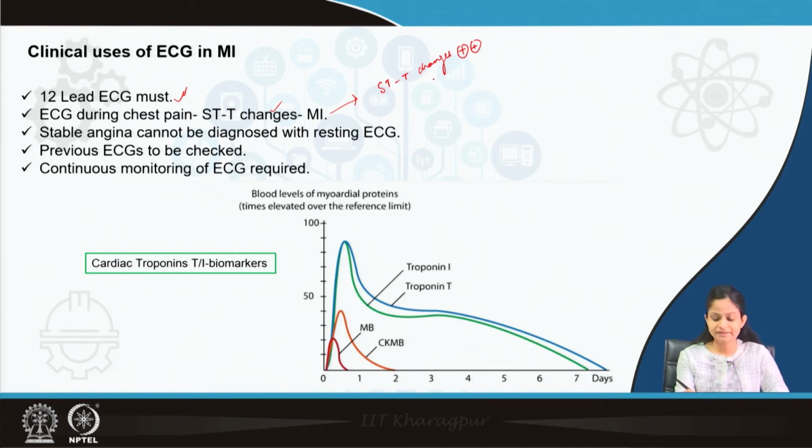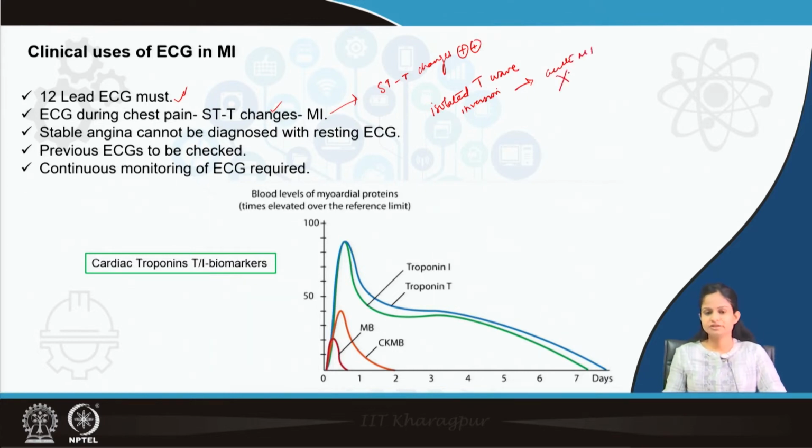Now, regarding T wave inversion, which is usually present in myocardial infarction: if an isolated T wave inversion is there, then it is not pathognomonic of myocardial infarction. We can tell it is acute myocardial infarction only if there are significant ST-T changes.